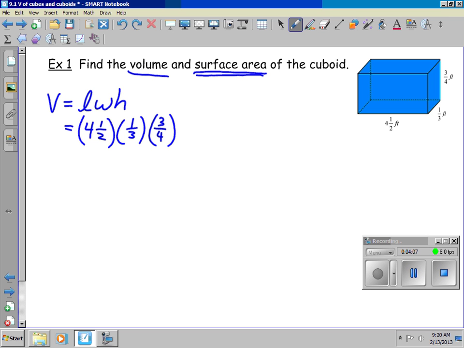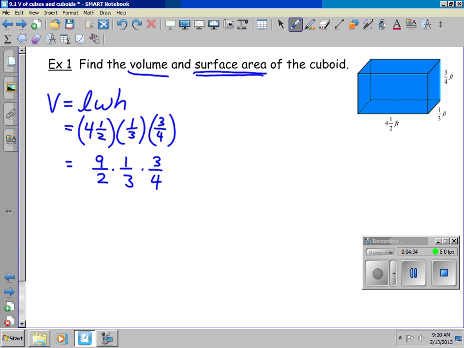When you look at these numbers you need to multiply together, you should think, oh, first I need to do what before you can carry out this multiplication? Capone? Improper fraction. Good. What is 4.5 as an improper fraction? Good. So my problem is 9/2 times 1/3 times 3/4.